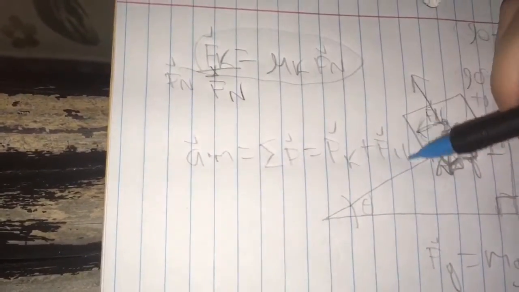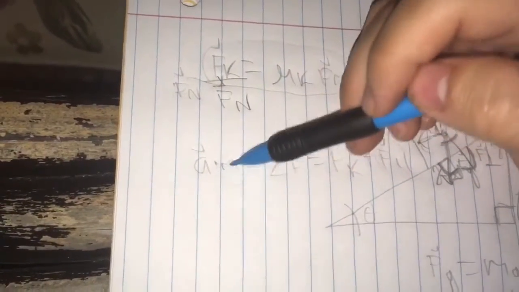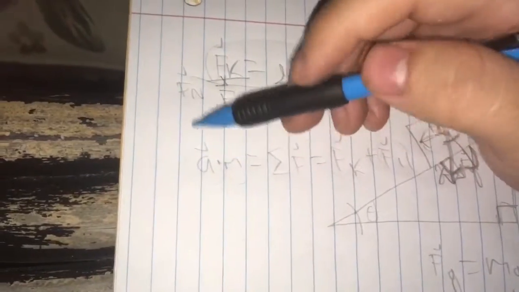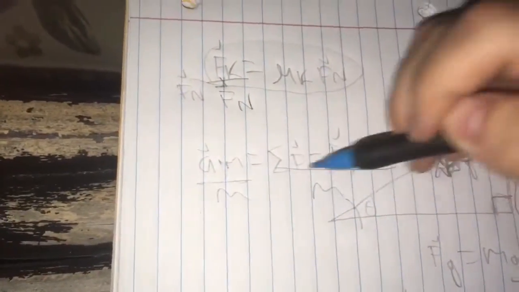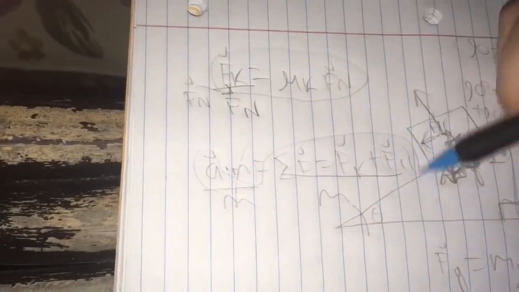Well, if we know the parallel force, we know the kinetic frictional force, we know the mass, we can solve for the acceleration by dividing both sides by the mass. And we get the acceleration.